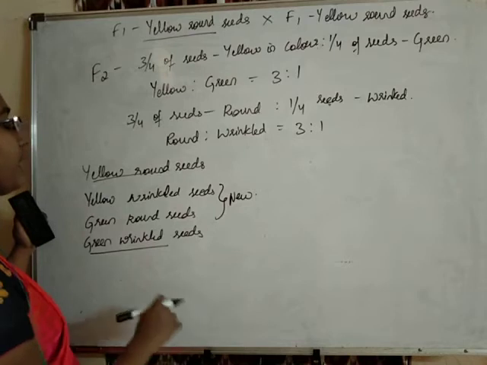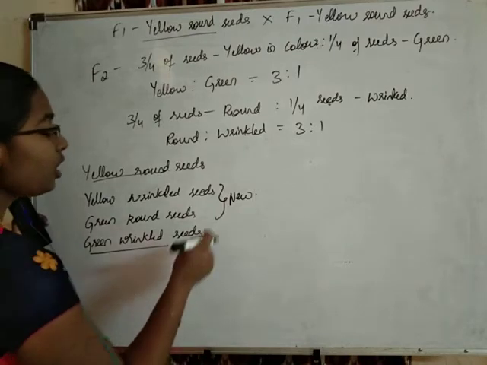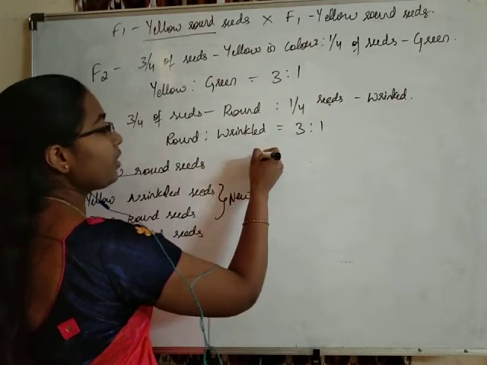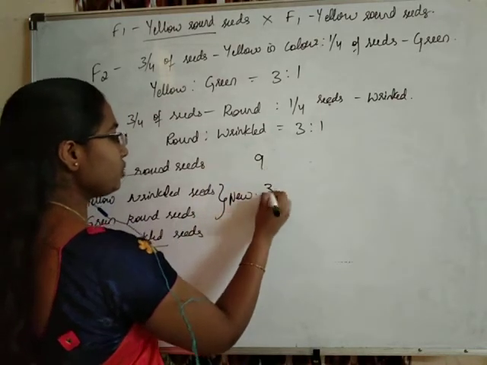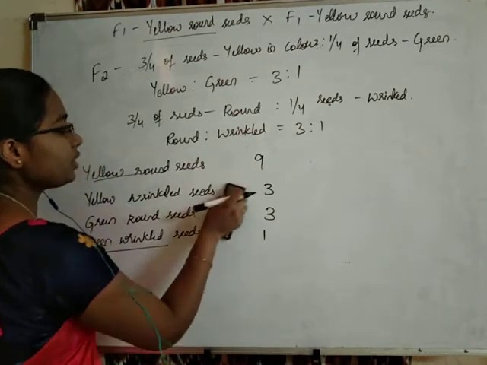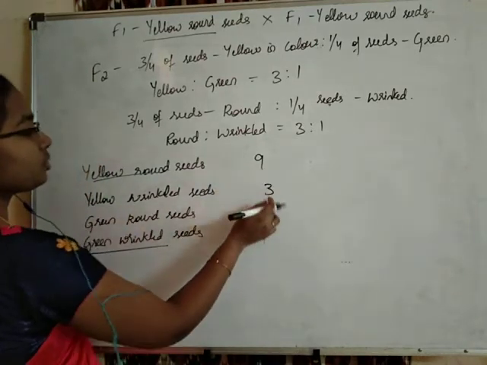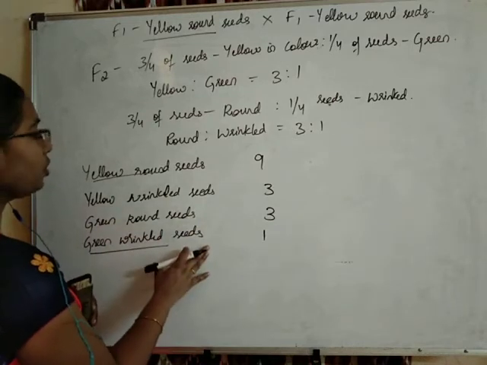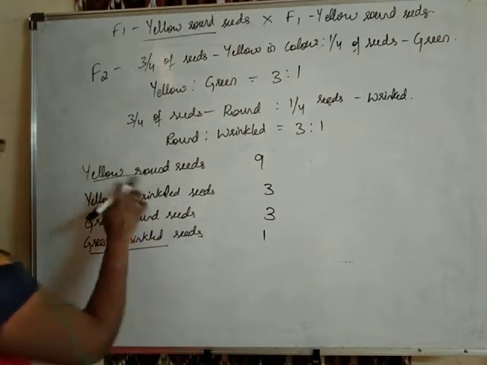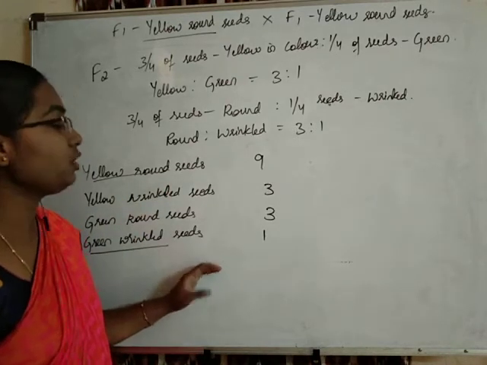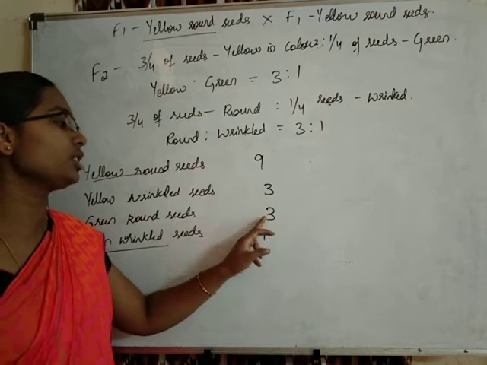Out of all the individuals obtained, they were in the ratio of 9:3:3:1. When considered as a whole, they show a phenotypic ratio of 9:3:3:1.